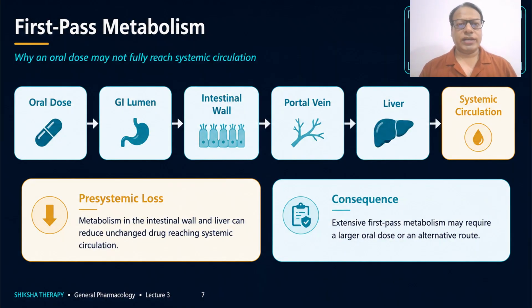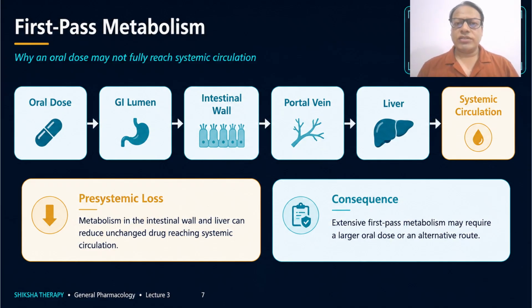Then first pass metabolism. Now let us understand, this is very important concept. After oral administration, the drug is absorbed from the gastrointestinal tract (GI tract) and enters the portal circulation. पोर्टल सर्कुलेशन जो कि हमारे स्टमक से लीवर की तरफ ब्लड सप्लाई जा रही है, ये वेन है, पोर्टल सर्कुलेशन या एंट्रोहेपेटिक सर्कुलेशन.